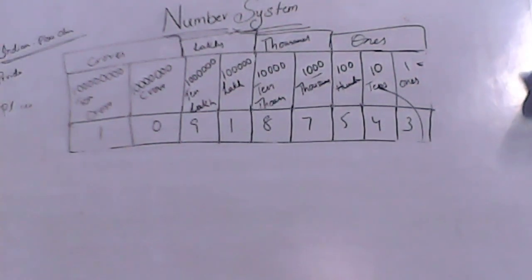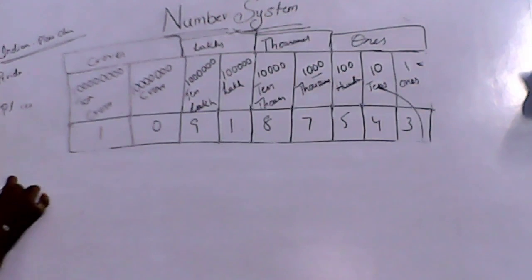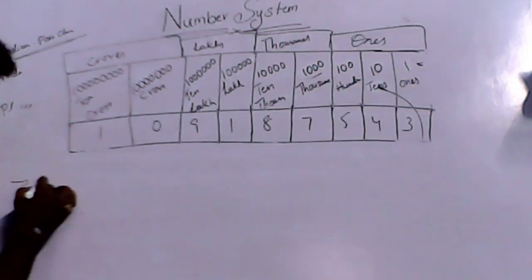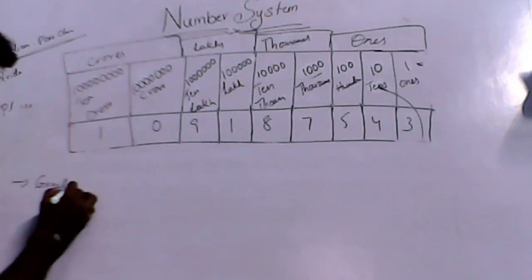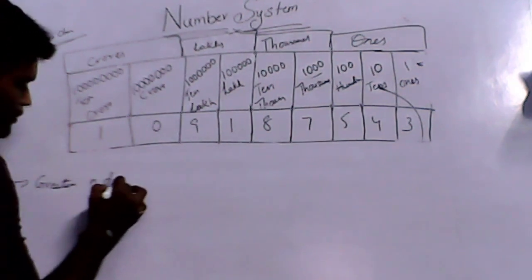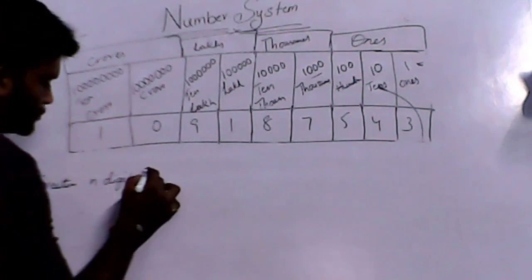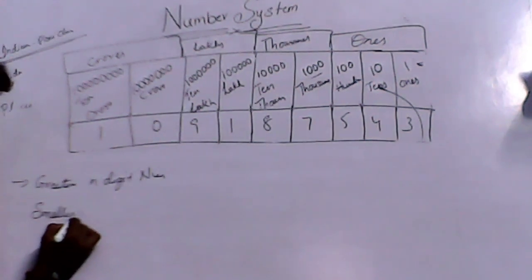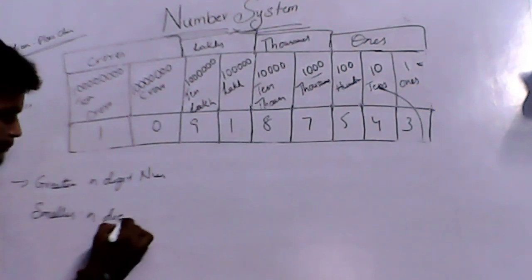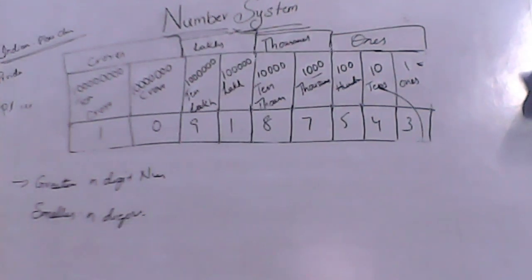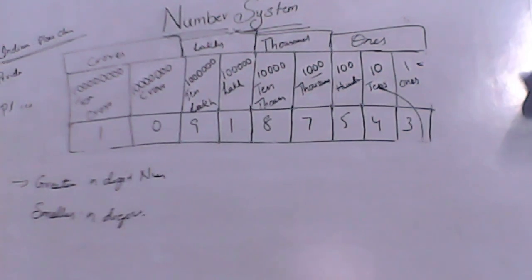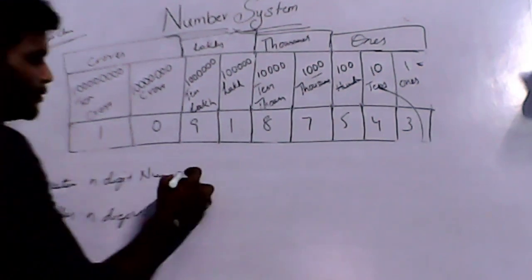And also we may have something like the greatest n digit number as well as the smallest n digit number. So to find out the greatest n digit number or smallest n digit number, we should do like this.